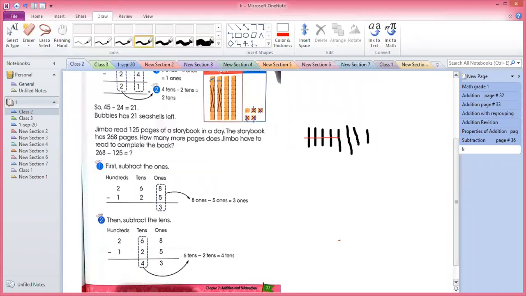The next is saying tens, 6 tens. Okay. 6 tens minus 2 tens. So I will draw 6 tens first. 1, 2, 3, 4, 5, and 6. These are 6 tens, and we need to minus only 2.